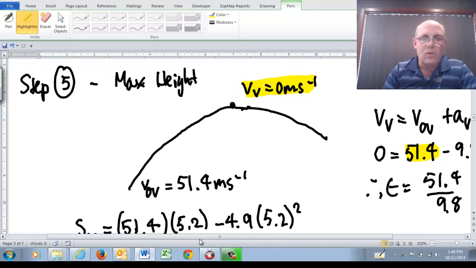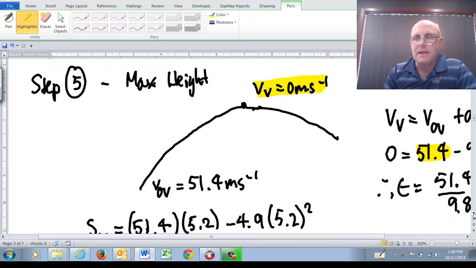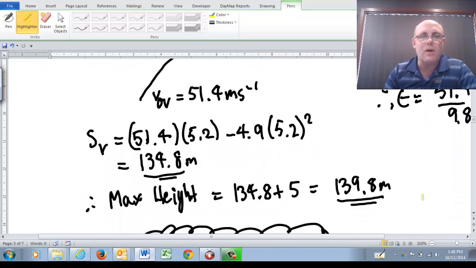Alright, so once I've got that time to get to the top, I then put my information into my SV formula, put in my initial vertical velocity, put the time in there. Remember, it's half of gravity, negative 4.9. Put the time in there again and we square that. So it's going to go 134.8 meters high.